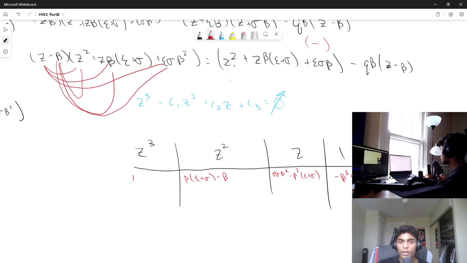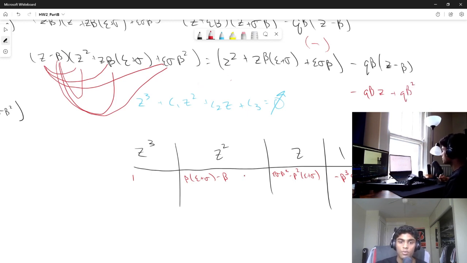So let's do our same little shtick. We have a z squared, z here, and a 1. And we also have this one here. I'm just going to expand this out into minus qbz plus qb squared, right?